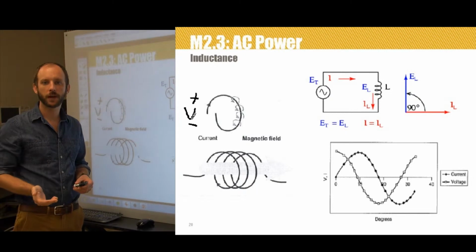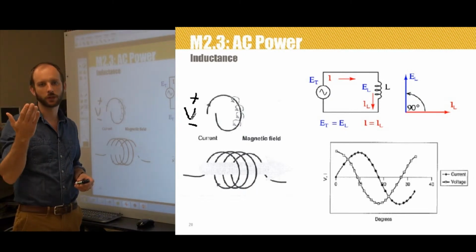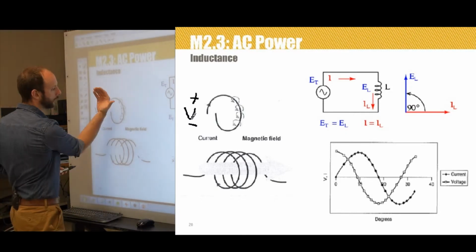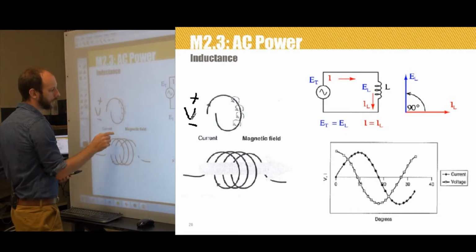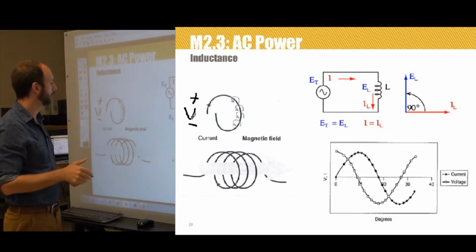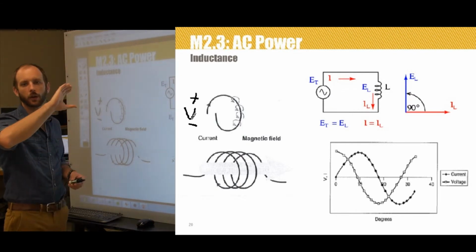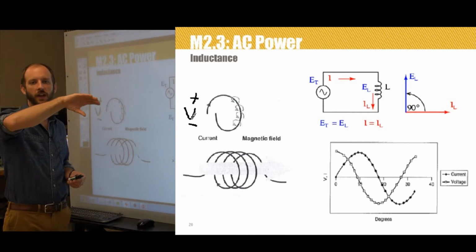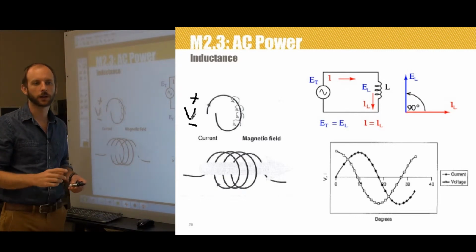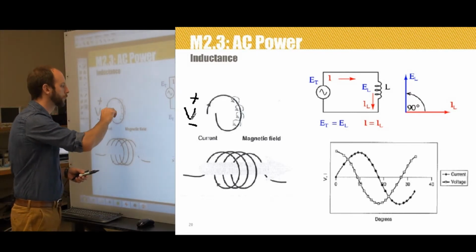The direction of the magnetic field can be visualized if you take your right hand and point the thumb in the direction of the current flow. So the current's flowing from here to here. You curl your fingers, and those curled fingers indicate the direction of the magnetic field. So we get these little loops.